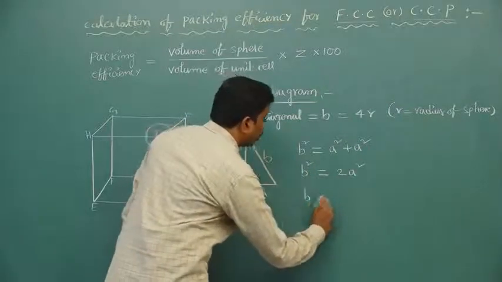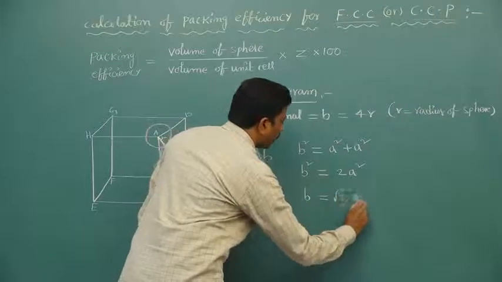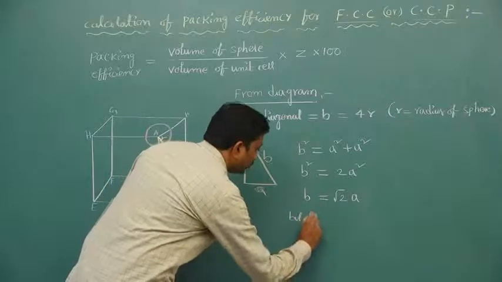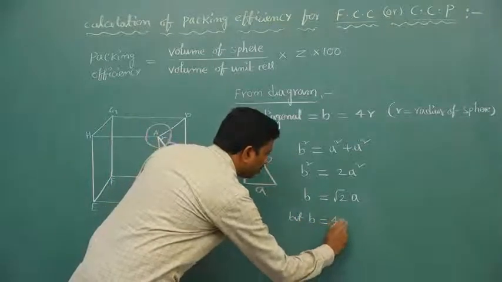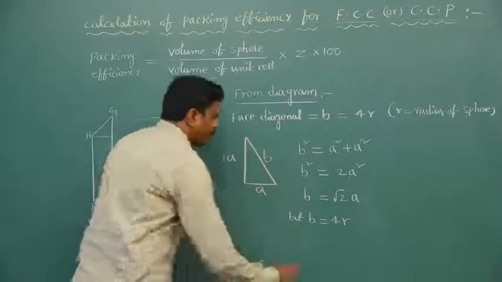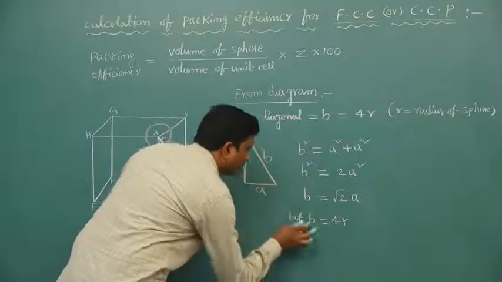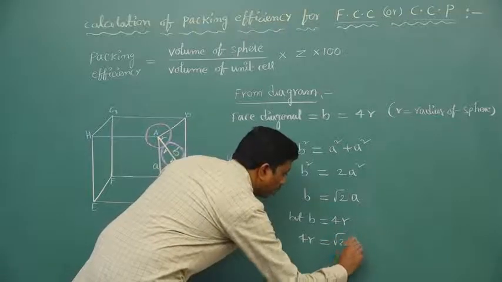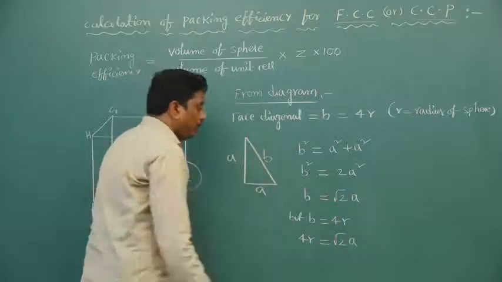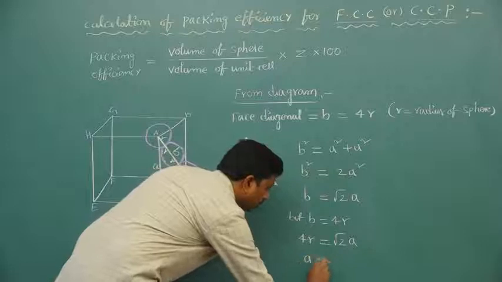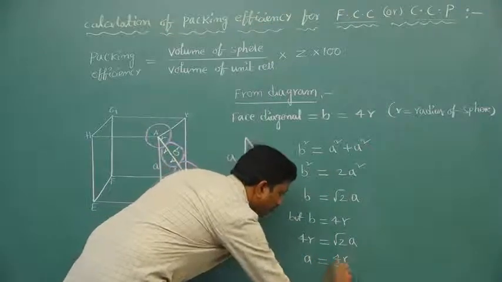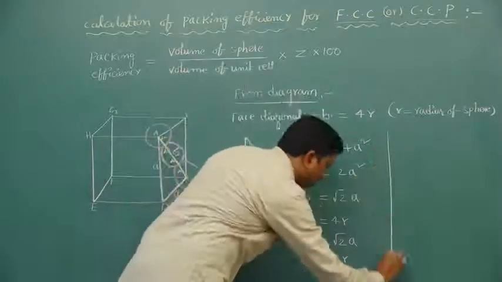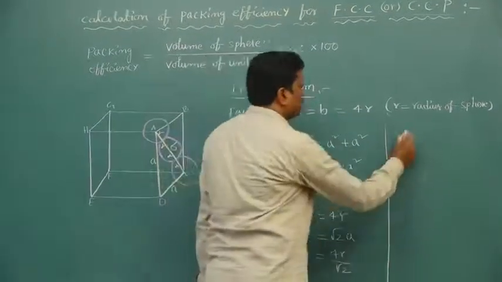That means B is equal to root 2 A. But from the diagram it is clear that B is equal to 4R, so instead of B I am writing 4R. 4R equal to root 2 A. From this A equal to 4R by root 2.